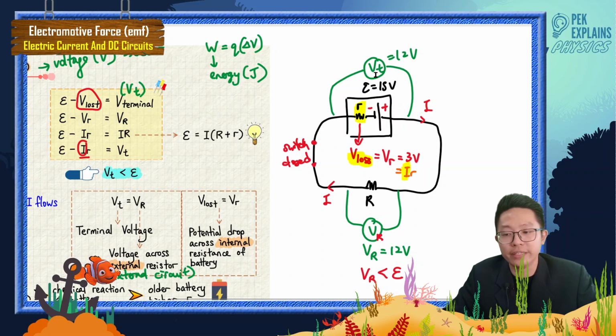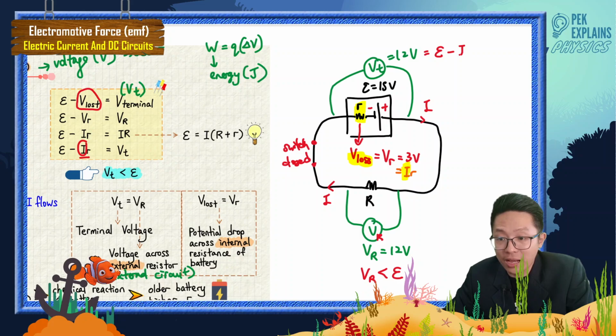Instead, you get the terminal voltage equal to EMF minus IR, which is called the voltage loss, or we call it VR. You understand?